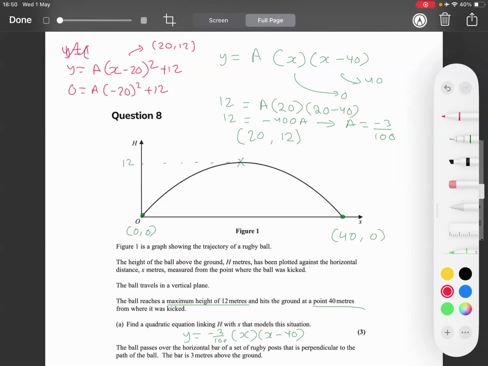Does that make sense? And then when we solve for a, we get the same answer, minus 3/100. The other version of the answer is y equals minus 3/100 times bracket x minus 20 squared plus 12. There's two answers.